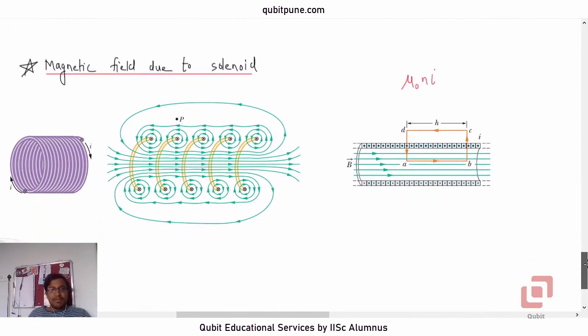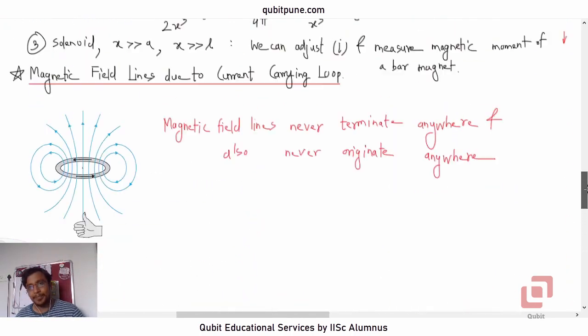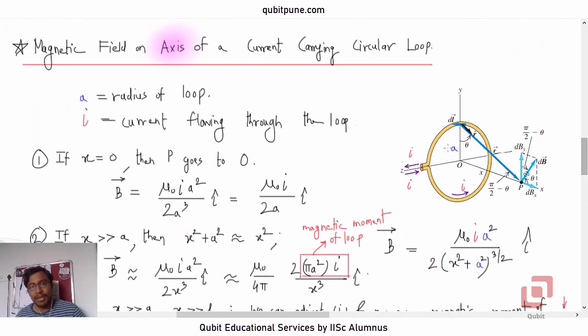Next is magnetic field due to a solenoid. You can think of a solenoid to be made of many current carrying loops, not necessarily circular, but generally a solenoid has circular loops, many circular loops arranged very close to each other.